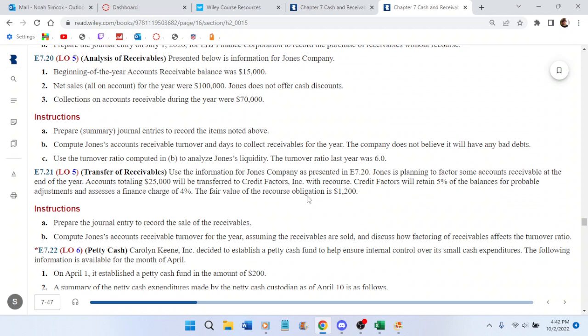Did we even do that? Okay, prepare a journal entry to record the sale of receivables.